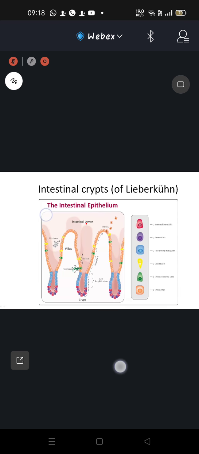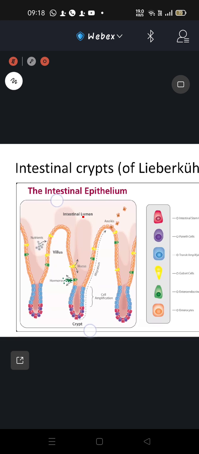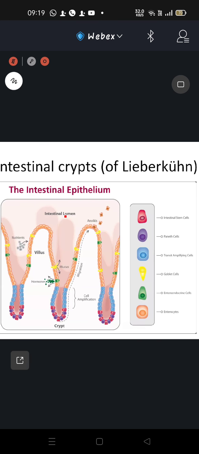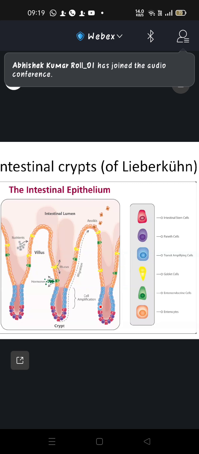What are these cells which are opening into this intestinal crypt? So yes, basally placed are some cells. These are the stem cells or progenitor cells. Other than that, in between are some transit amplifying cells which are forming these cells, which are being replenished by this basally placed portion.